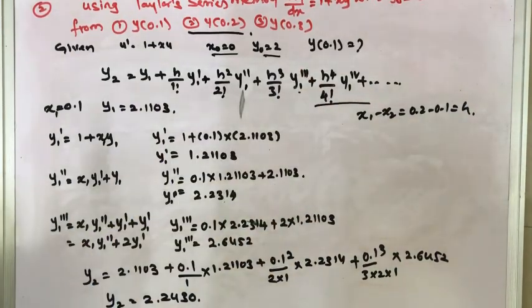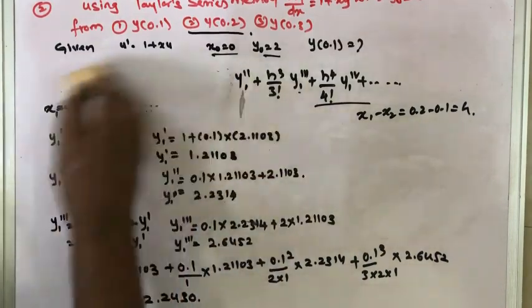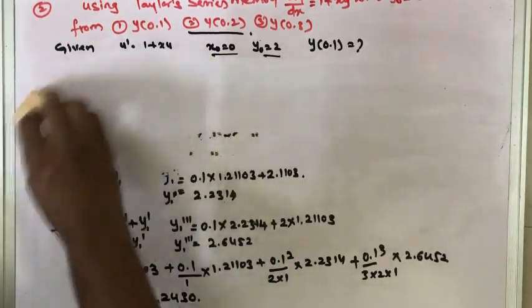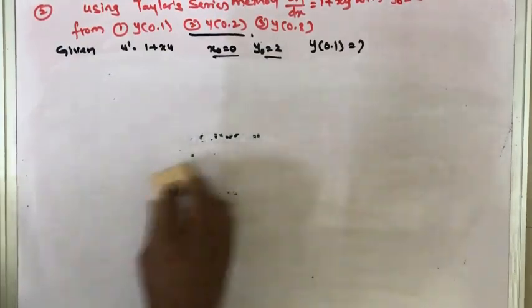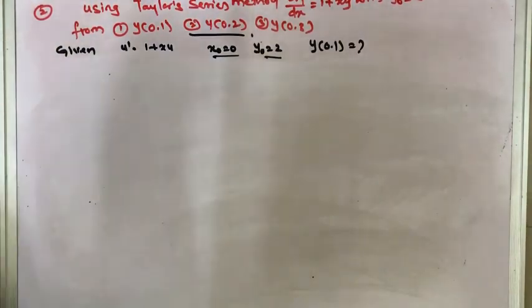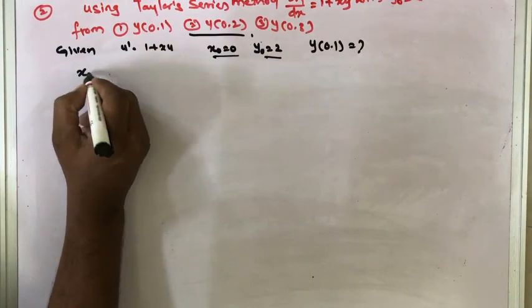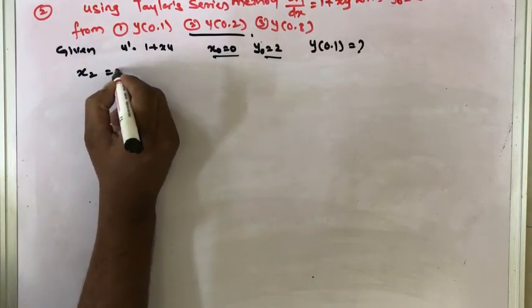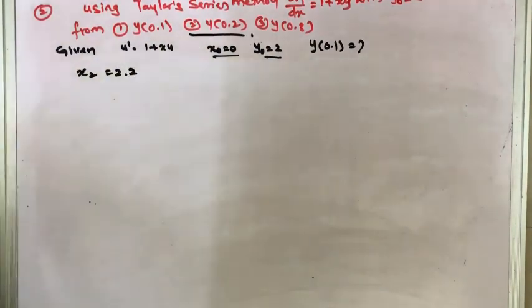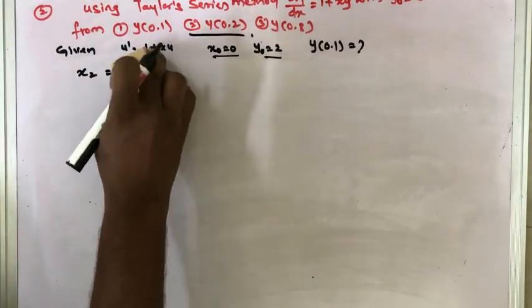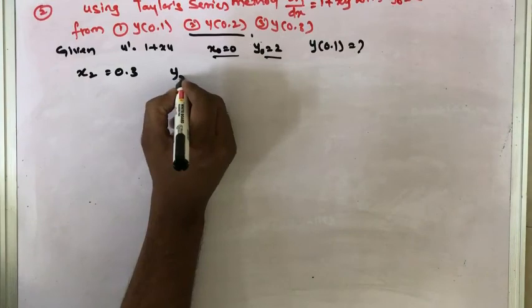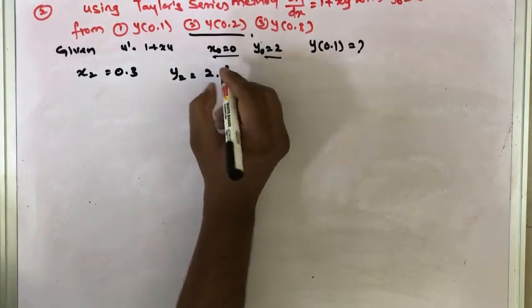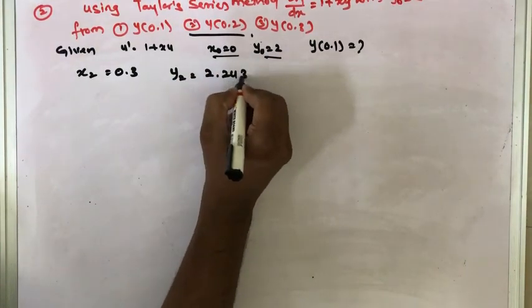Similarly for 0.3 also we can calculate. So for 0.3, x2 will be 0.3 and y2 will be 2.2430.